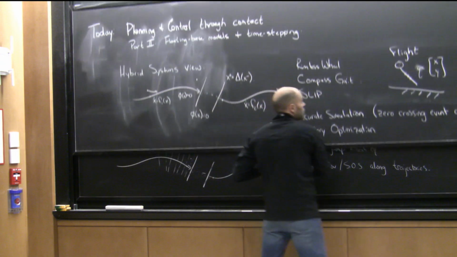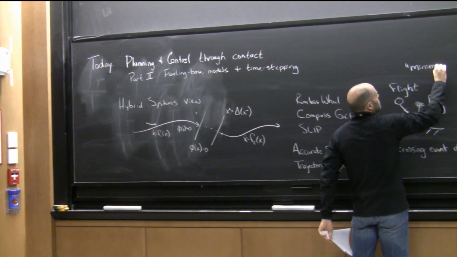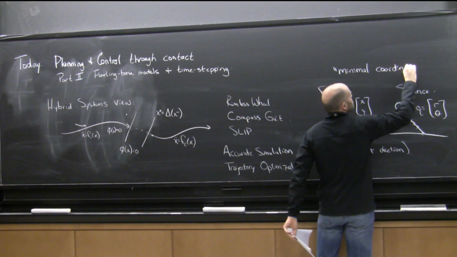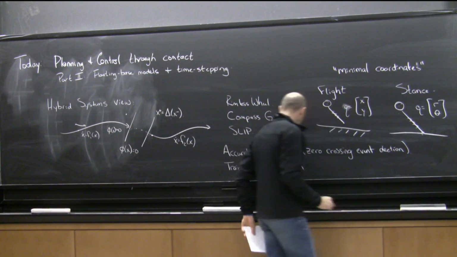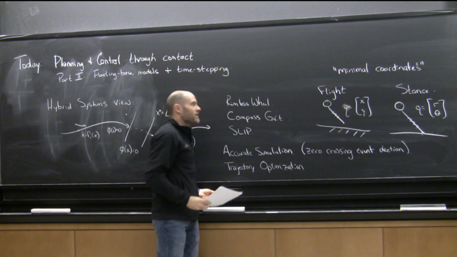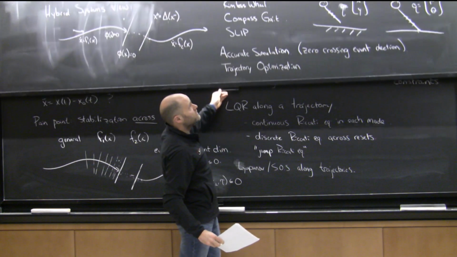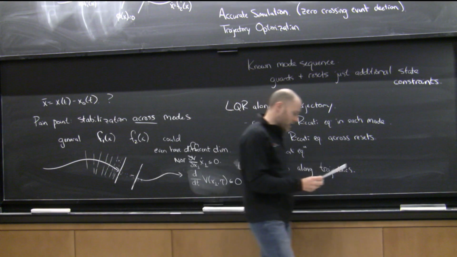Okay, we call this minimal coordinates. We're going to have to give that up in order to get across contact sequences, but that's okay. We can give that up a little bit.